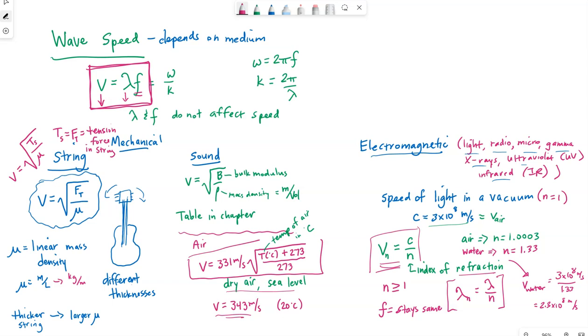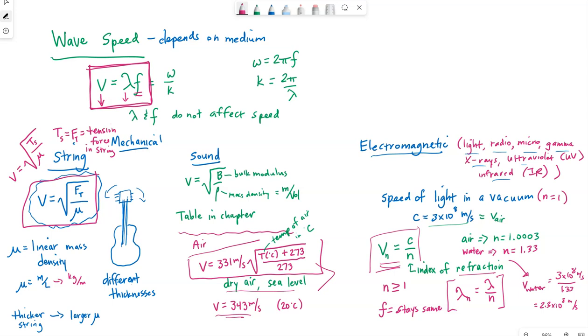So regardless of the type of wave we're talking about, how fast the wave is traveling is completely and totally dependent on what the wave is traveling through, and also what type of wave it is. A wave on a string depends upon the tension in the string and the linear mass density of the string, which effectively we can think of as thickness. Sound, we're going to depend on the temperature.